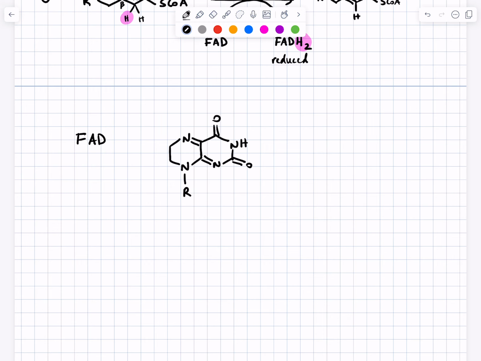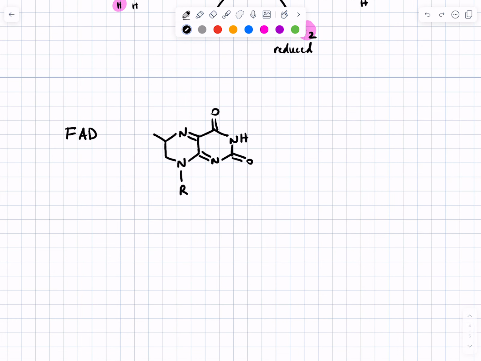At this point, you probably want it to be done, but we are not done because there is another 6-membered ring on the other side, with 2 methyl groups. This portion of the molecule, that N-glycoside, is called flavin. And that's why this is called flavin adenine dinucleotide.